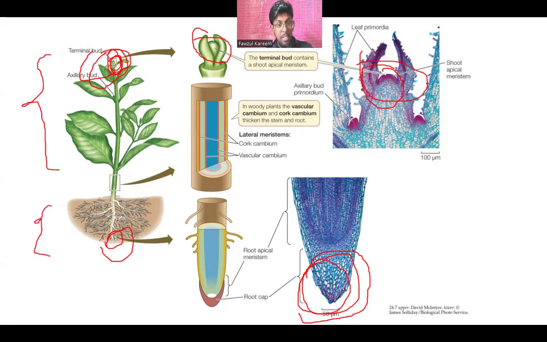In the root system, the tip of the root, and in the shoot system, the tip of the shoot. In these two areas, you can see the meristematic tissues. So what will happen now? They will produce new cells. So that's why the plant becomes big.